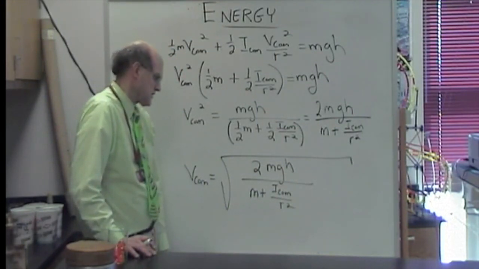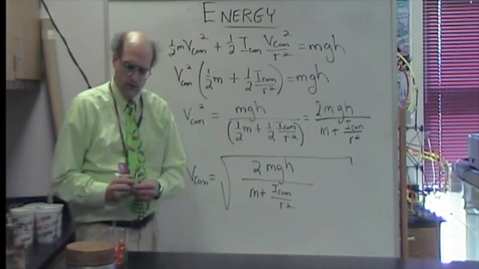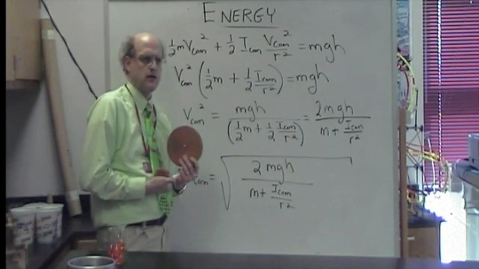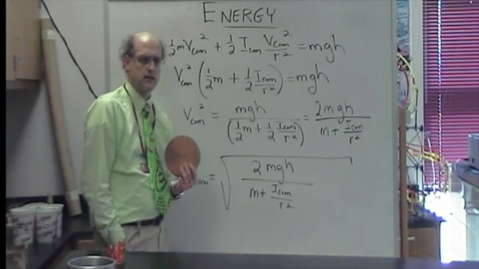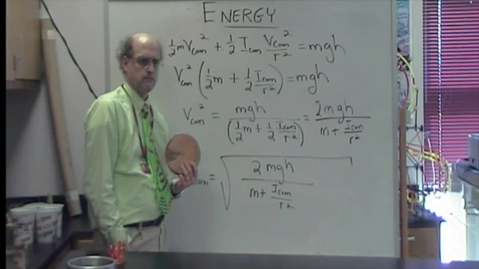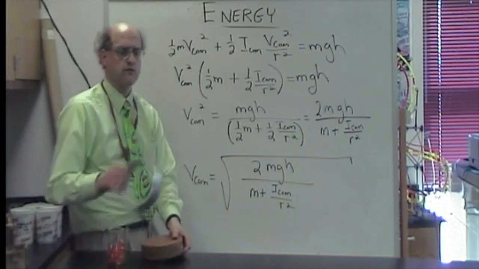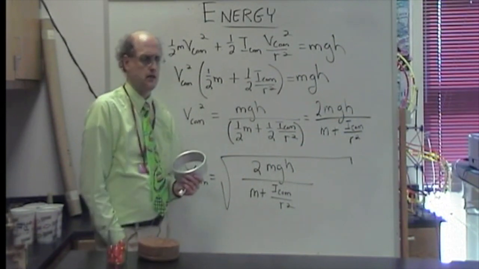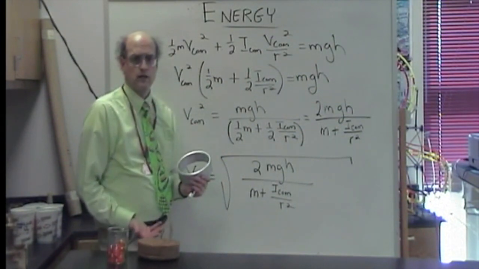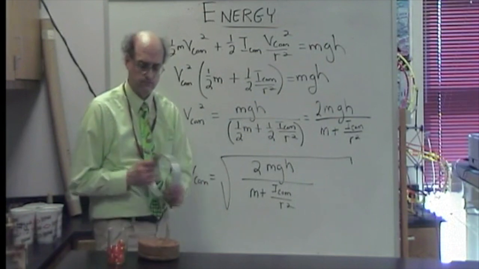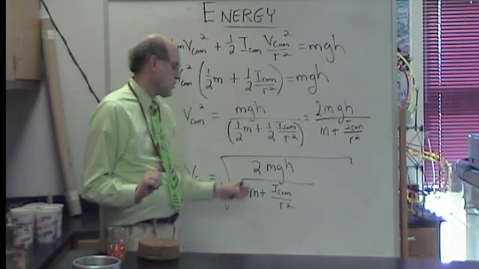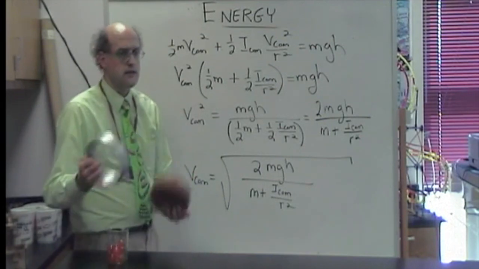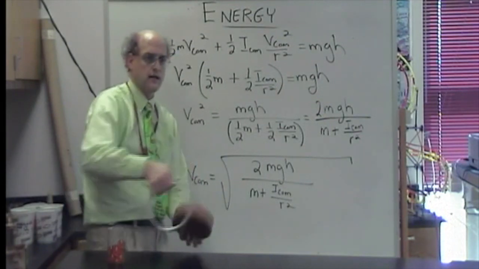So what that shows us is that, for example, two disks, regardless of their mass and radius, will tie in a race down a hill. Two hoops, regardless of their mass and radius, will tie each other in a race down a hill. Two solid spheres, ditto. This equation also helps us predict who will win a race, a disk or a hoop rolling down a hill.